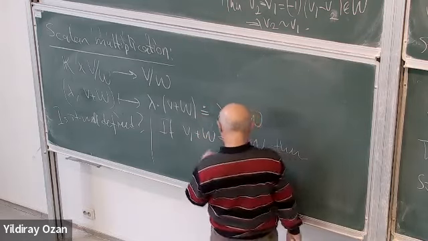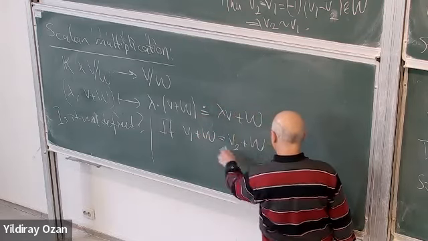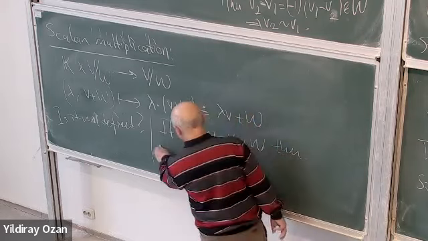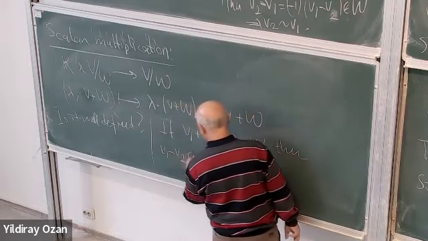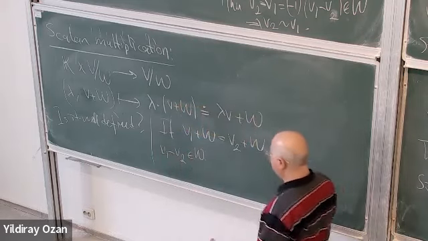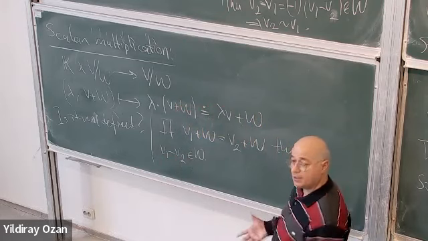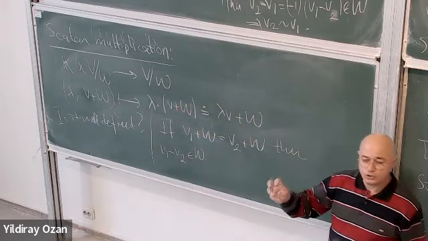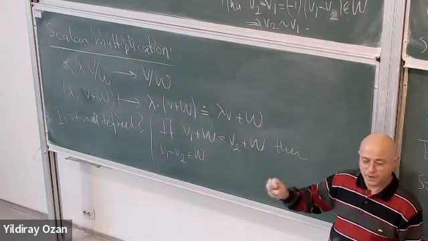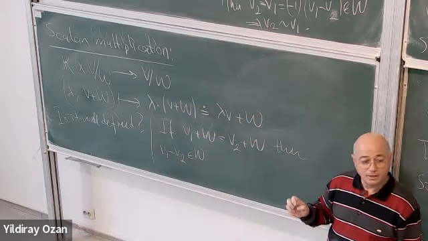Is it true? Well, if these are the same, then of course V1 minus V2 is in W. But W is a subspace. Right? So you see that we are using strongly the fact that W is a subspace, right?